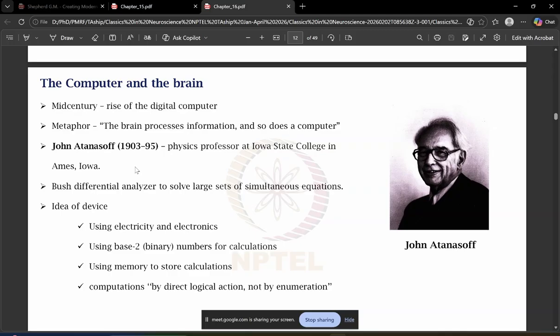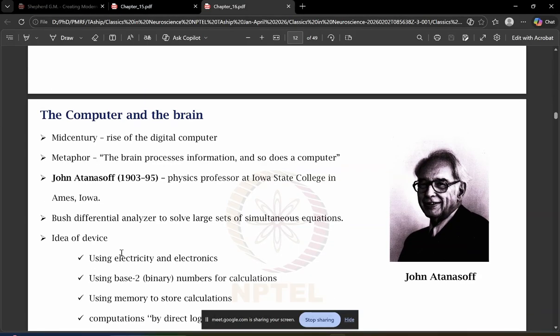And apparently he went on a drive in the middle of the night at a very high speed. During this car drive, it apparently struck him that this is the kind of device that he should make, rather than an analog system, a digital computer should be made.